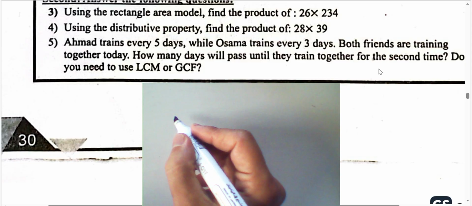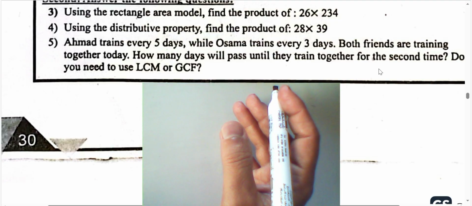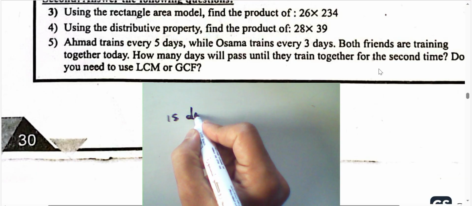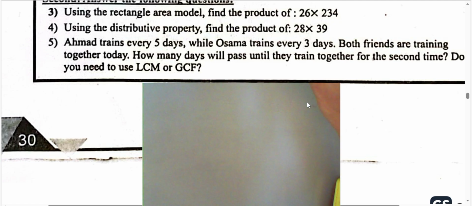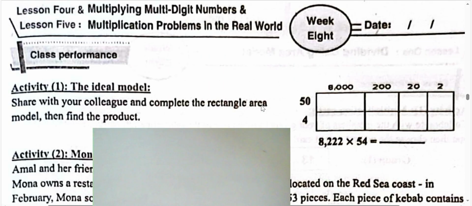Then the least common multiple of the two numbers will be their product, because 5 and 3 we call relatively prime numbers. Then they will train together for the second time after 15 days. We use the least common multiple here. Understood? Last question of this week, okay?